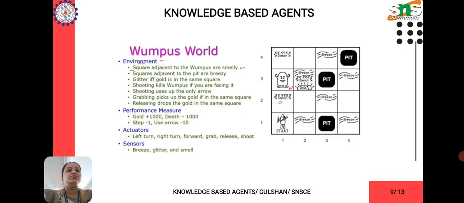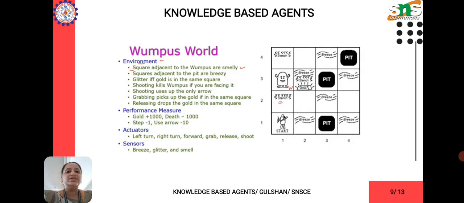Now we'll see the environment involved in this Wumpus world. The first point is that the squares adjacent to the Wumpus are smelly. So wherever the Wumpus is, the adjacent nodes will be very smelly. The squares adjacent to the pit are breezy. I have denoted the pit in black color, so the squares adjacent to it will always be breezy.